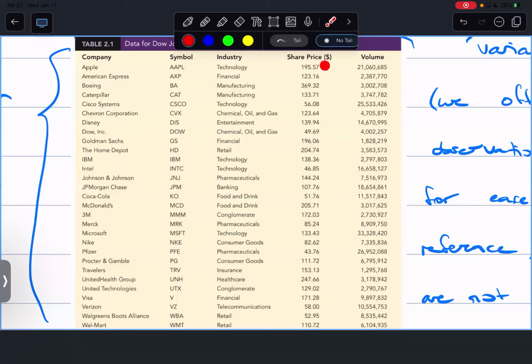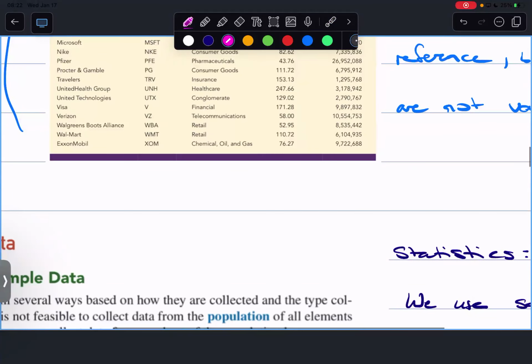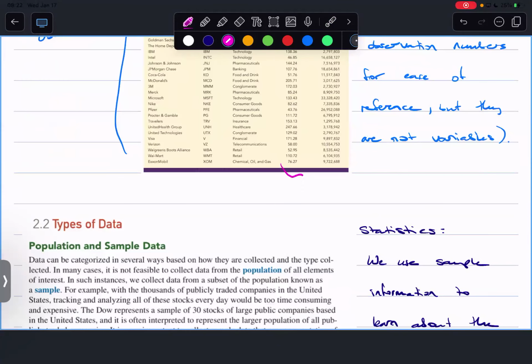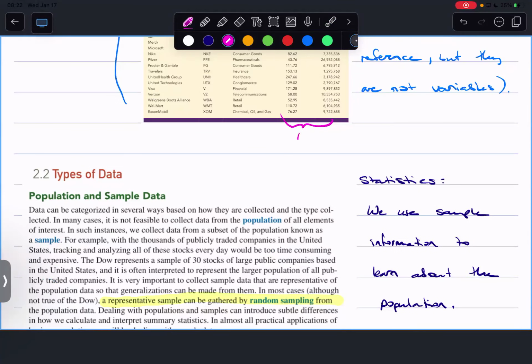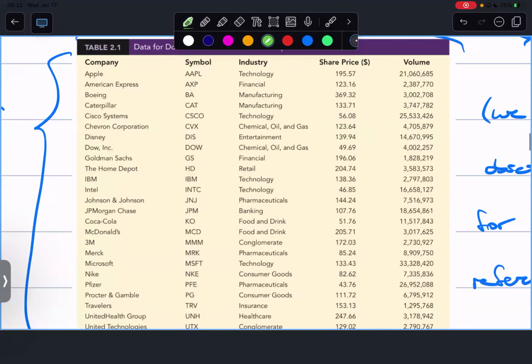But in terms of our analyses, the share price and the volume are numerical variables, right? Or quantitative variables. So I'm going to put that on here. These two are quantitative or numerical, whereas we did say that the company name and the symbol are not that interesting, but they are categories, right?